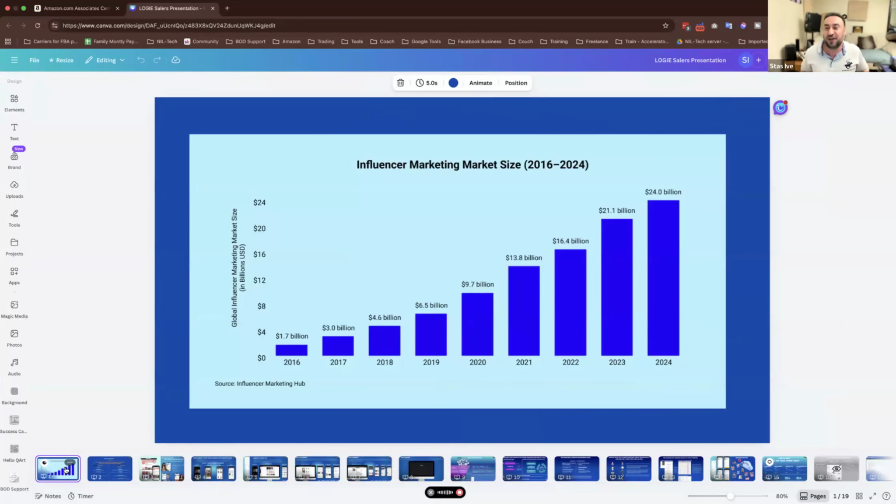This is from Influencer Marketing Hub, downloaded at the beginning of last year. We'll see what they launch this year and how much it grows in 2025, but it was 24 billion in 2024. This is the engine that moves people to spend money. This is influencers.